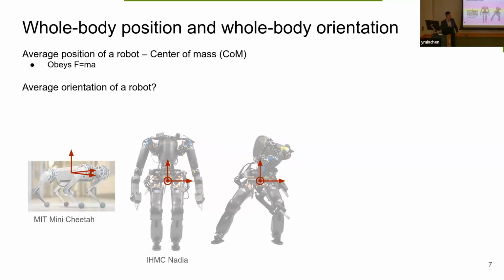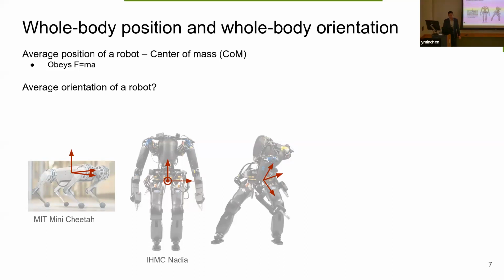But when Nadia's upper body turns to the left side and maybe pitches forward a little bit, the base link orientation doesn't capture this anymore. So intuitively, we can visualize that this frame should turn to the left and then pitch forward too.